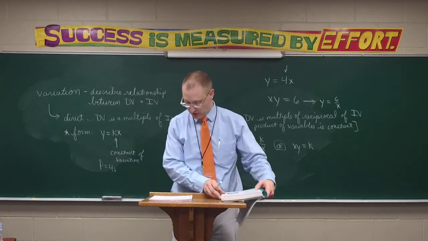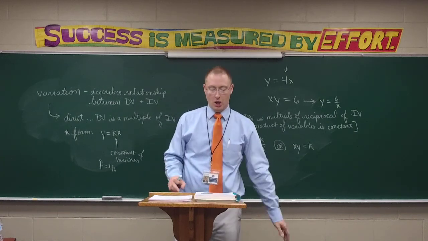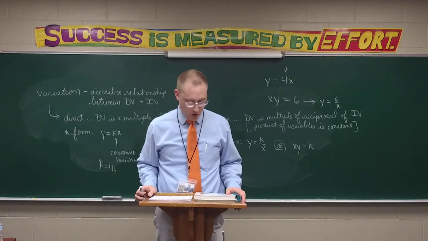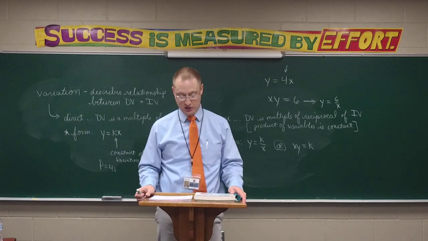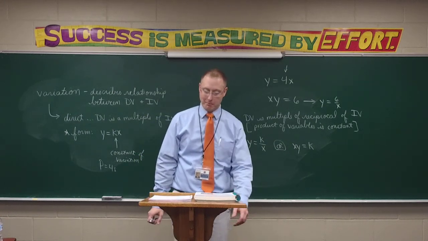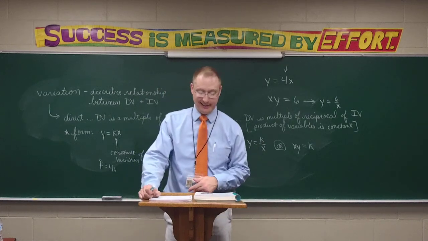Turn to page 173. For numbers 1 through 4, all they want you to do is find the constant of direct variation for the table. In other words, what do you have to multiply the x by to get the y?